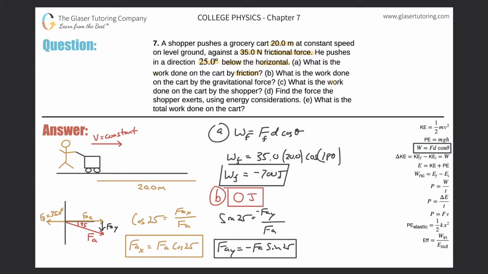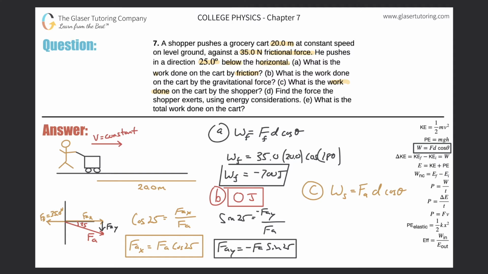So letter C. What is the work done on the cart by the shopper? All right, so letter C, let's put it over here. And now, well, how do we relate work to force and all that? It's going to be the same equation, right? So let's write down here, the work done by the shopper will equal the force applied by the shopper, multiplied by that distance the cart travels, multiplied then by the cosine of the angle between the force vector and the distance it travels.